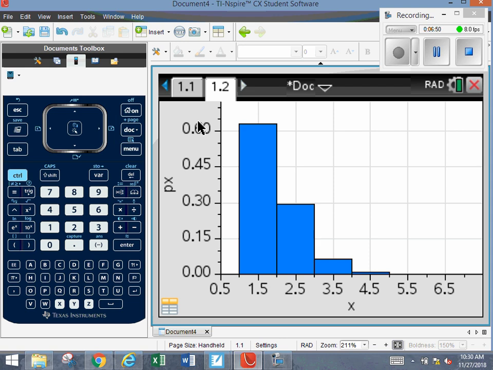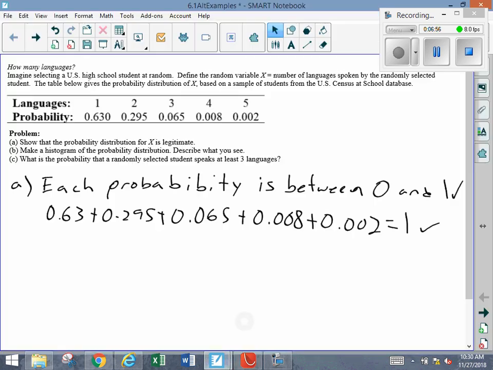So if you needed to, you'd be able to copy that into wherever you needed to. So that's B. We made a histogram. We did it.